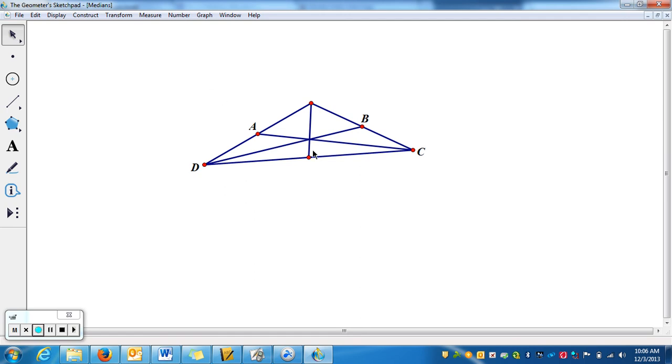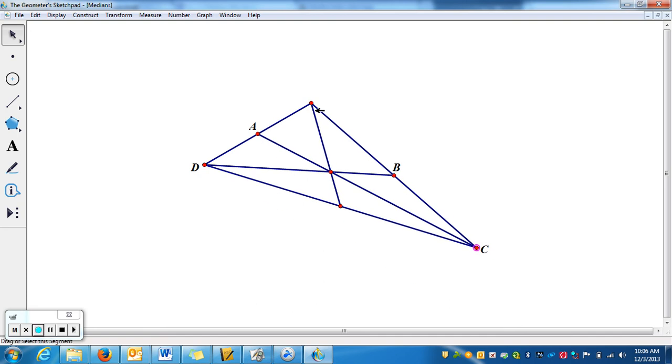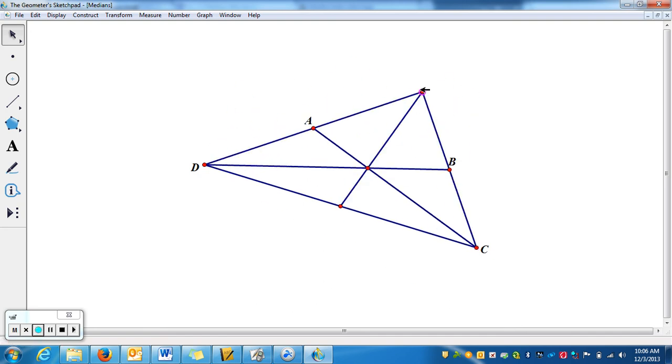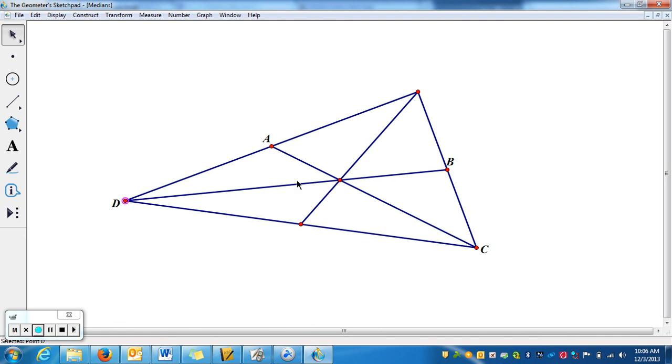Well, notice they are concurrent. They all intersect at the same point. I'm going to make that point just like that. So when I move around the triangle, changing the lengths, they all stay concurrent.